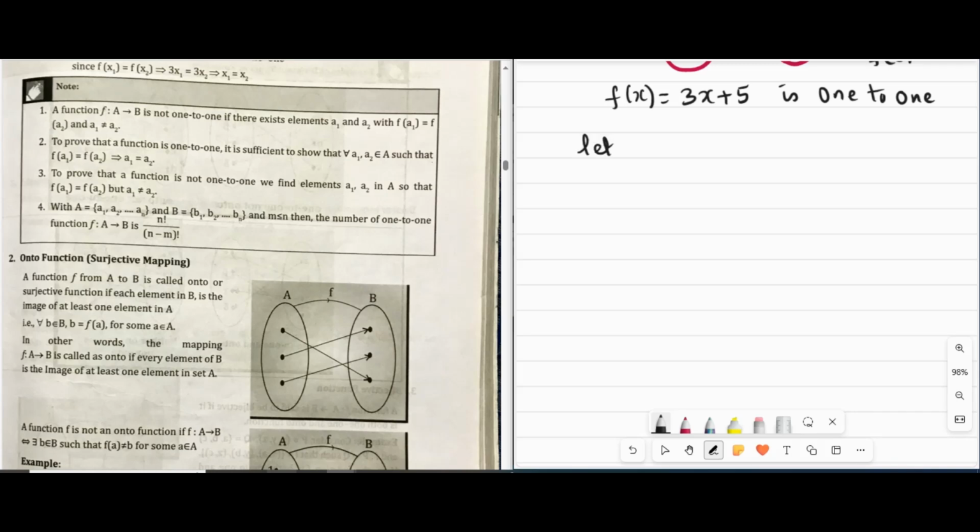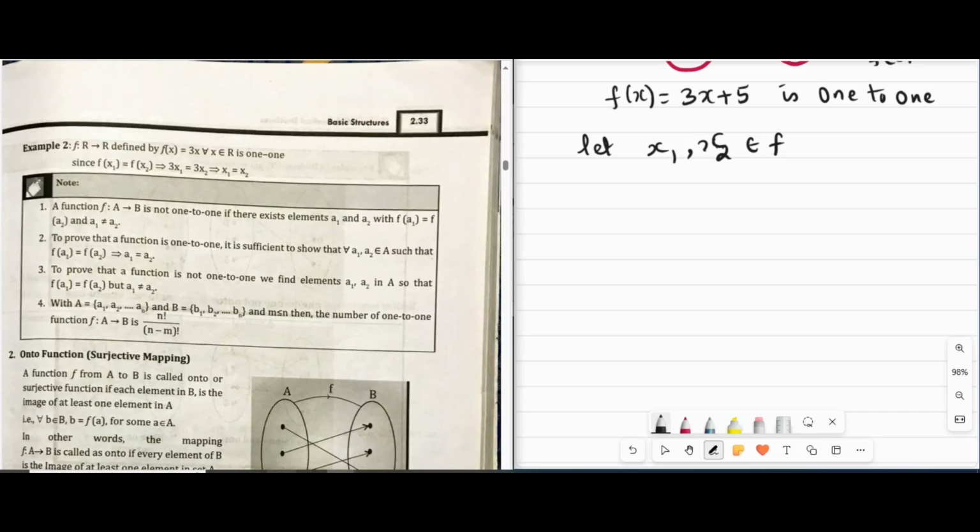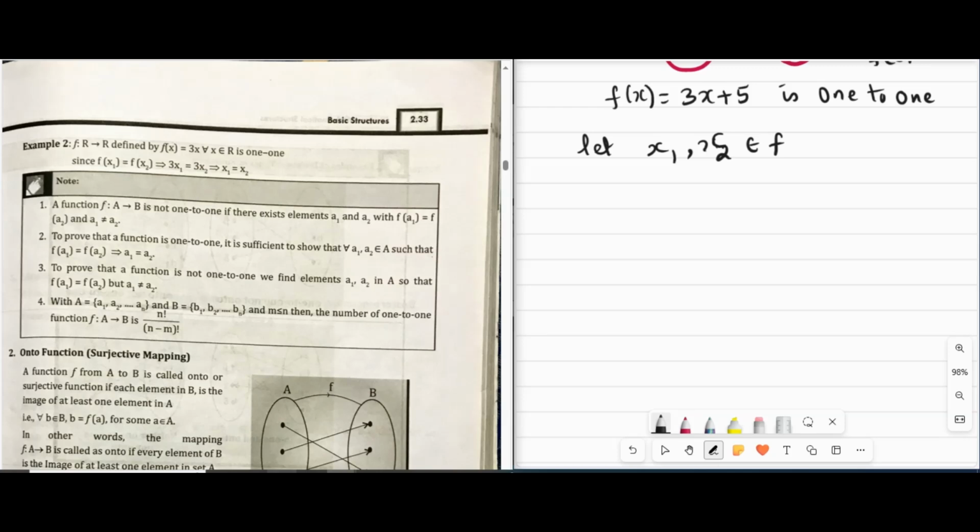Let x1, x2 belong to the domain, you can take it as R if the relation is from R to R. Then assume f of x1 equals f of x2.